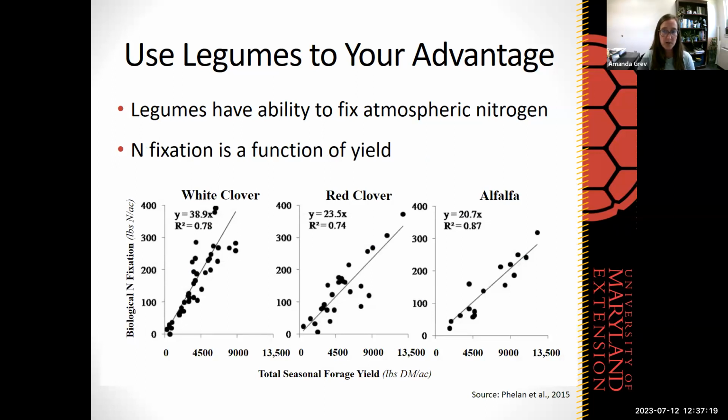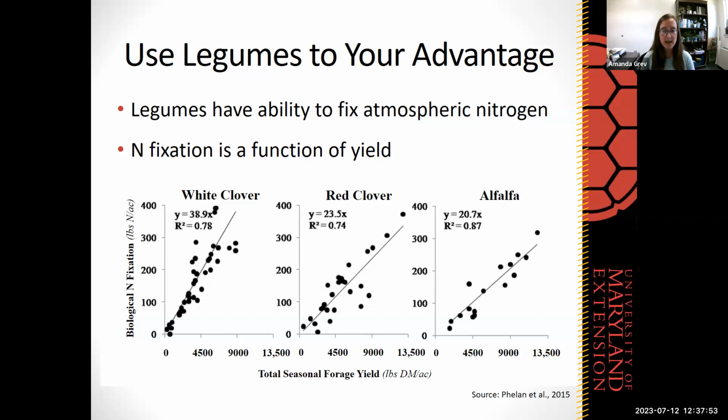The other thing to remember is that it is a function not only of the species, but also of the yield or the productivity of those different species. So here you can see some different figures for white clover, red clover, and alfalfa. For each of these, the graphs are showing the nitrogen fixation related to the total yield. So you can see that there is a relationship for all the species, where as our yield is increasing, we have more nitrogen fixation happening.